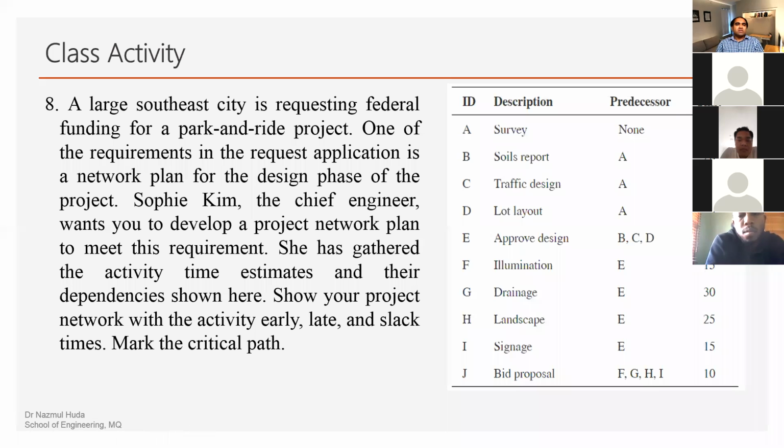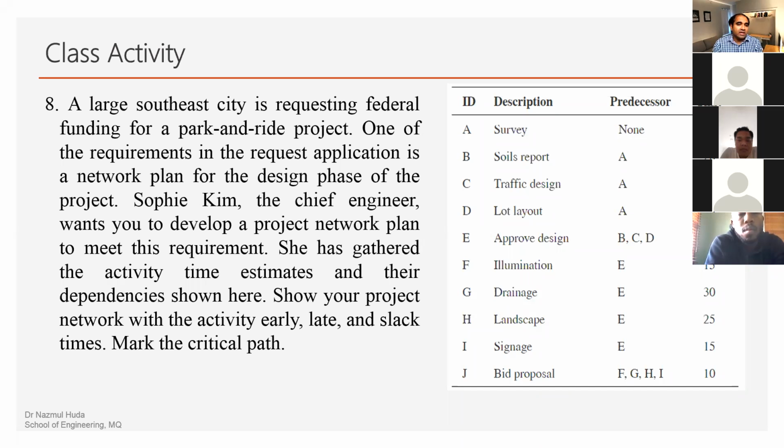So read the question. A large Southeast city is requesting federal funding for a park and ride project. One of the requirements in the request application is a network plan for the design phase of the project. Sophie Kim, the chief engineer, wants you to develop a project network plan to meet this requirement.